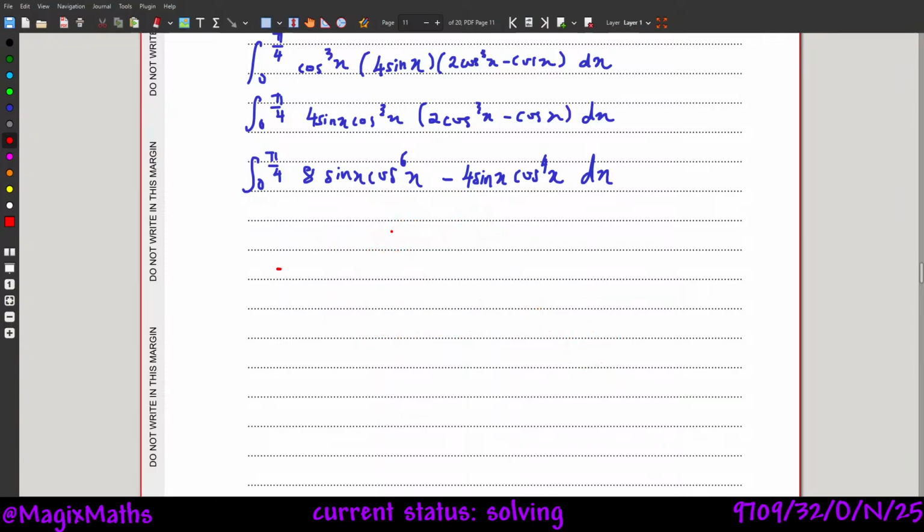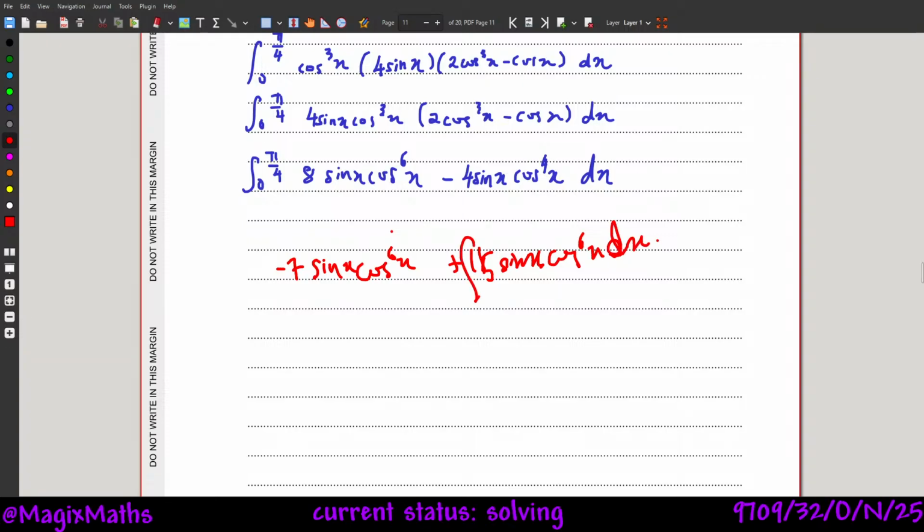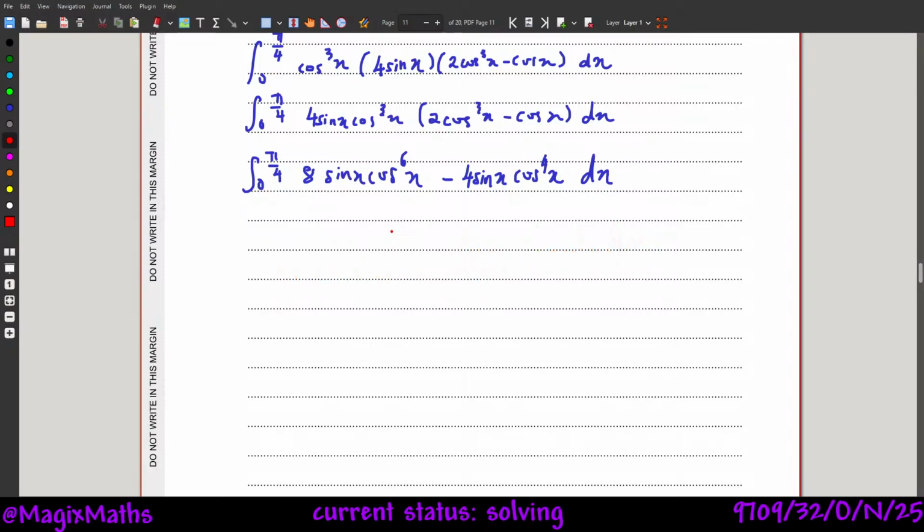Negative 7 sine x cos 6x plus 11. Wait, should it be 11? No, 7, 8, it's 15 sine x cos 6x, which means we should be integrating this one. Oh, this isn't good. Might have to find another method, a different approach.